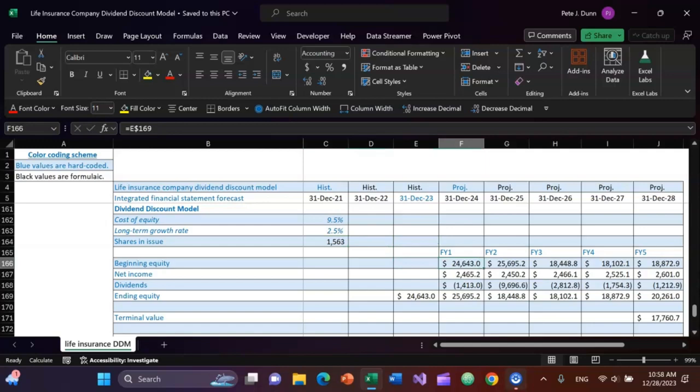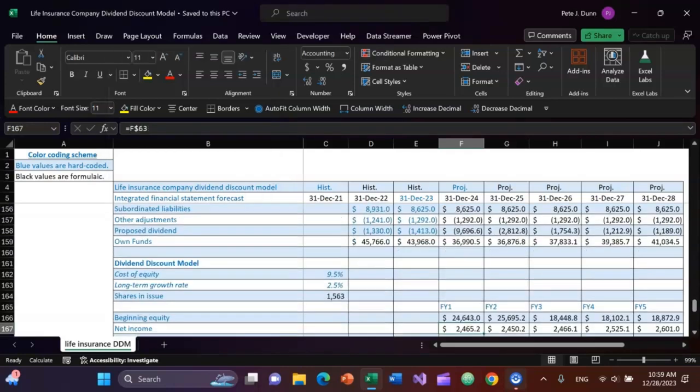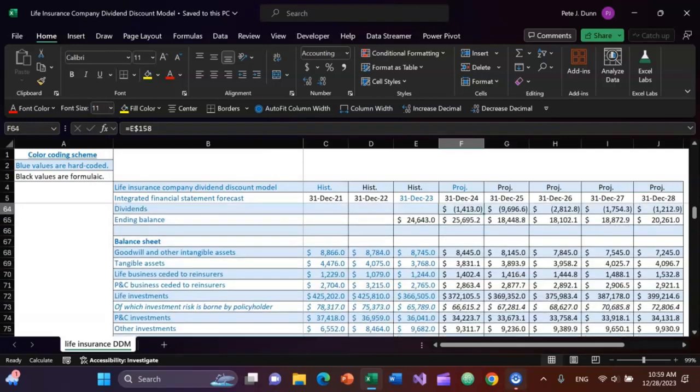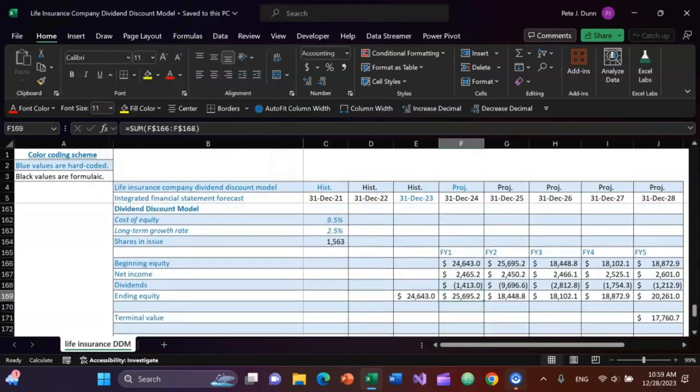And so you have your beginning equity from row 169, which is just previous period's end. Net income comes from row 63, so control left bracket, F5 enter to get back. Minus our proposed dividend from row 64, which references row 158. The proposed dividend, and that gets us to ending equity.